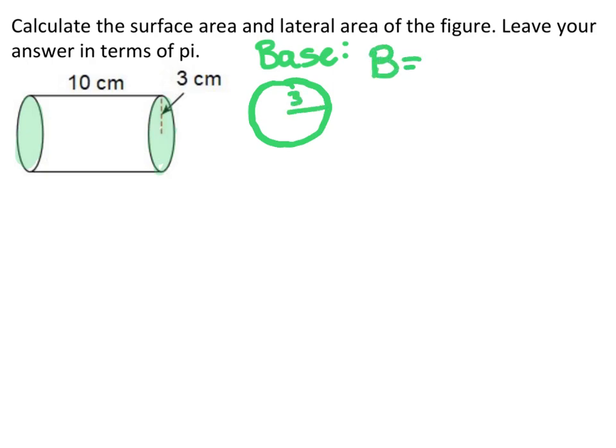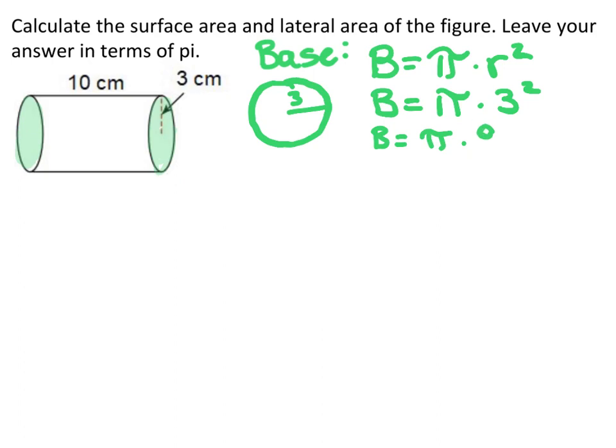The area of the base is pi times the radius squared. Substituting, it's pi times 3 squared, and we are going to leave our answer in terms of pi, meaning we treat pi like a variable. Simplified, this is pi times 9, which we rewrite as the base equals 9 pi centimeters squared.